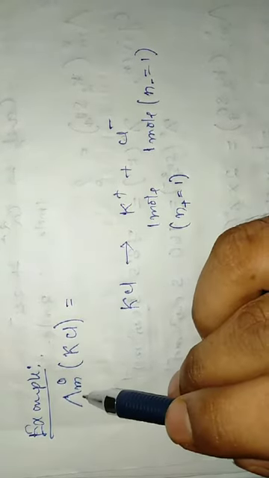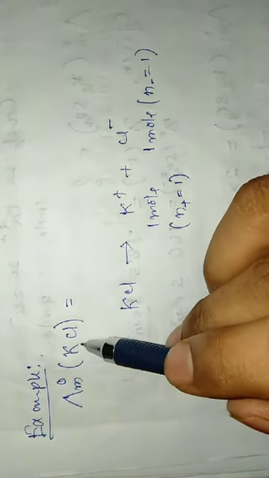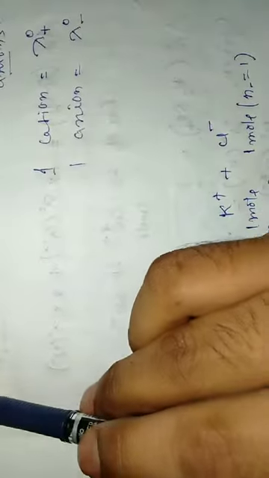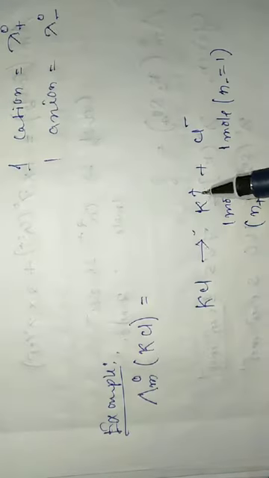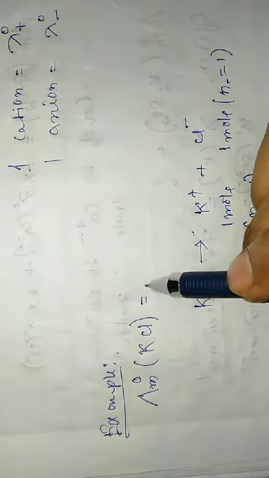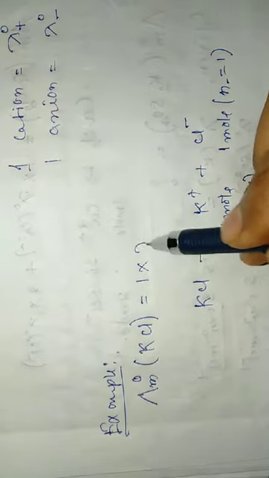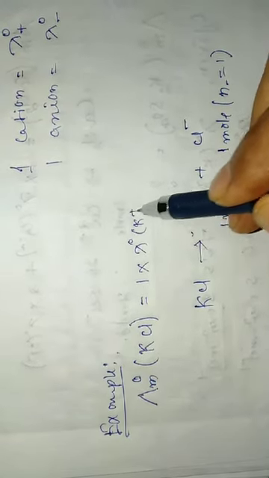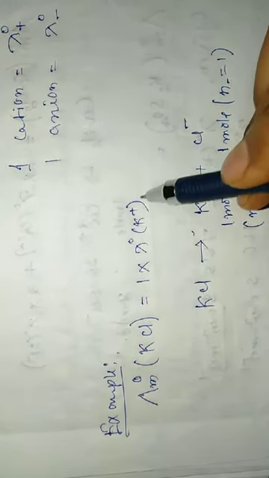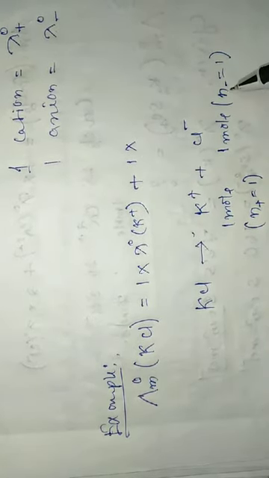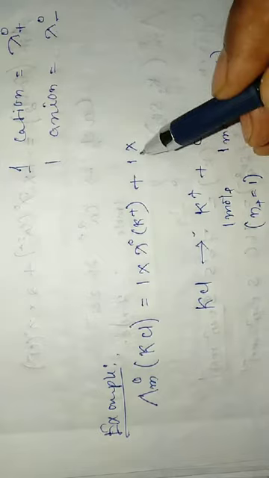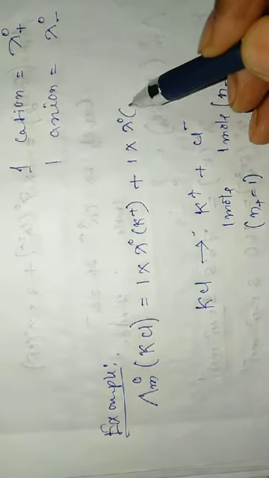So applying Kohlrauch's law, lambda m naught for potassium chloride solution, n plus equals 1 mole for potassium chloride. Then in place of n plus we can put 1 into lambda naught, the limiting molar conductivity for the potassium ion, plus 1 into, because the number of moles of anion is also 1, 1 into the limiting molar conductivity for the anion.